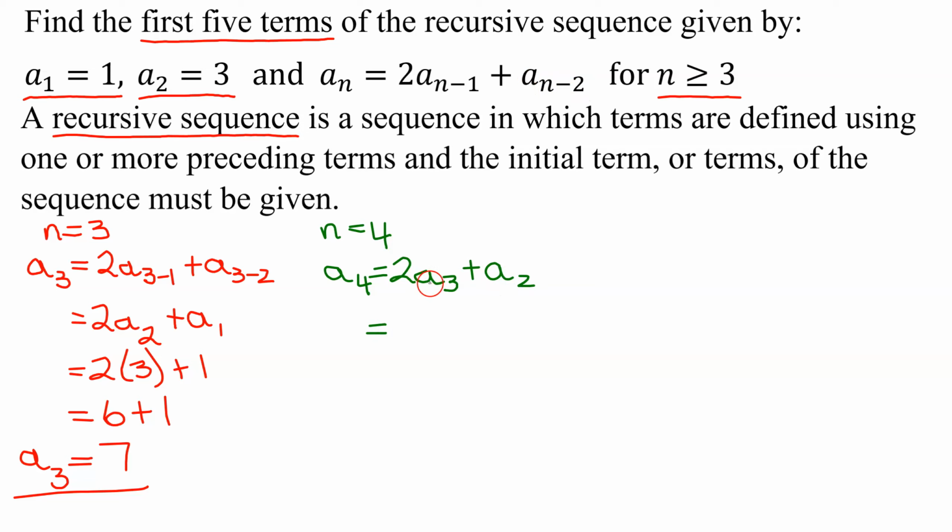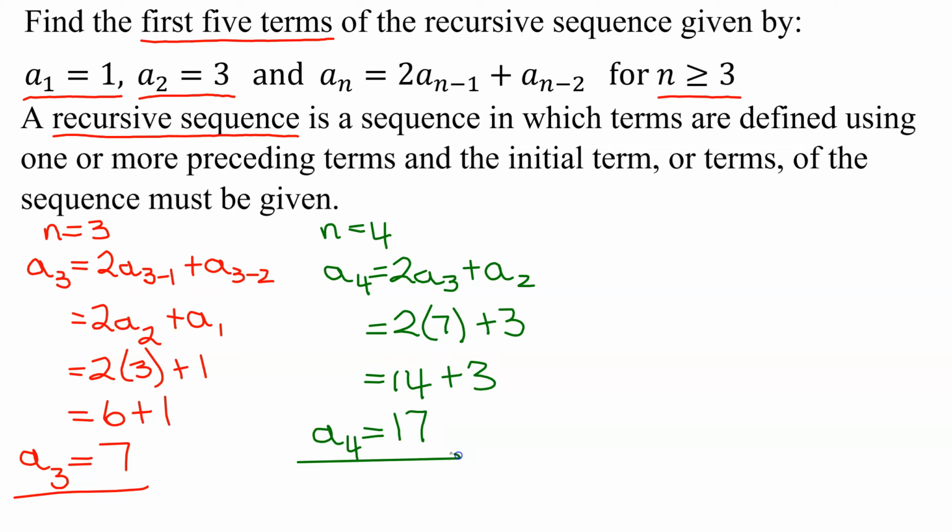So that is twice the preceding term plus the term before that. So it's 2 times a sub 3, which we found was 7, plus a sub 2, which we were given was 3, so 7 times 2 is 14, 14 plus 3 equals 17. So the fourth term is 17.